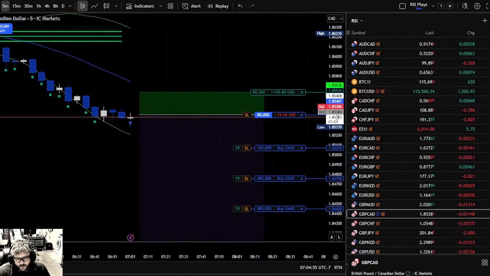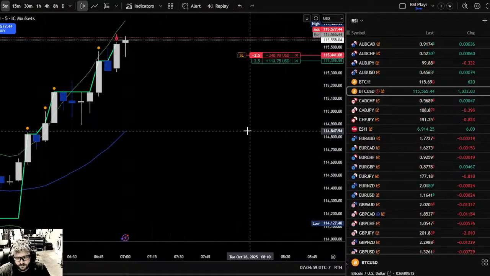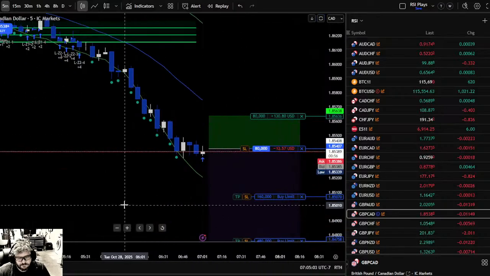This will probably be our last 2 trades. What's Bitcoin doing? We're still fiddling about. Nice.